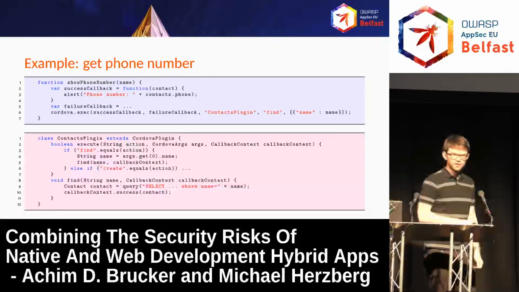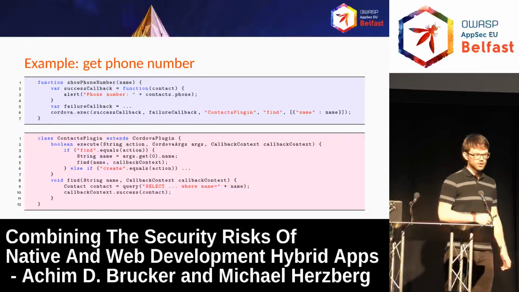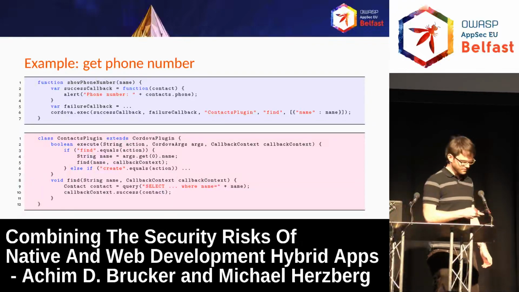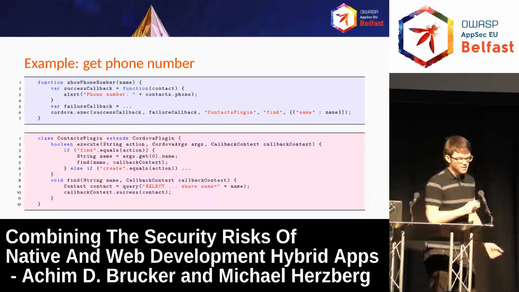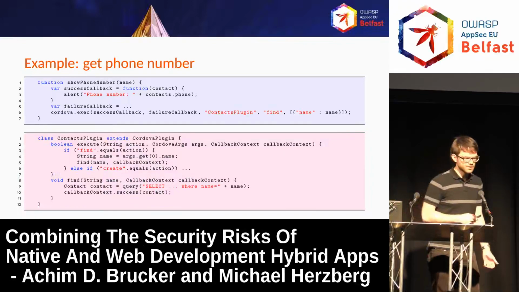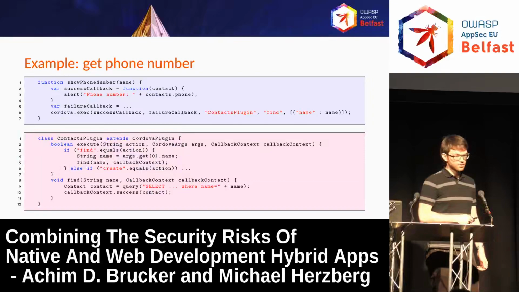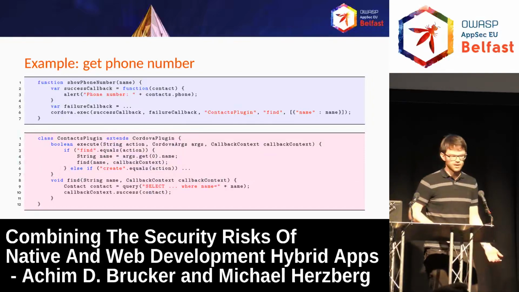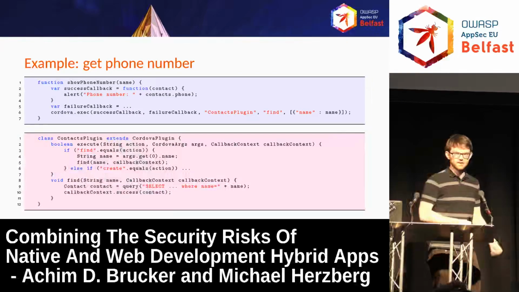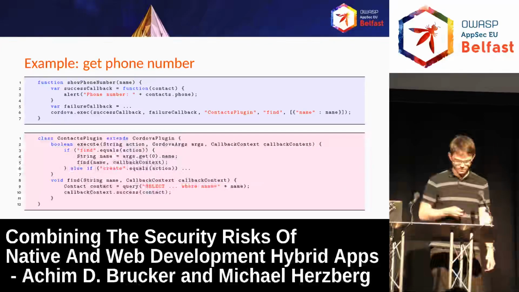On the top, we have the JavaScript part in blue. On the bottom, the Java part. You have a small function on the JavaScript side where you start, show phone number. On the Java side, on the bottom, you have one Java class that basically is the plugin that is used to access the local contact book.